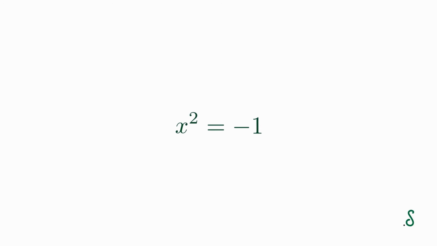Let us replace the i with an x. Now using the same logic as before, we want an operation that when performed twice is the same as scaling or multiplying by -1. And that is simply the rotation anticlockwise by 90 degrees. And hence, multiplying by i is the same as rotating anticlockwise by 90 degrees.